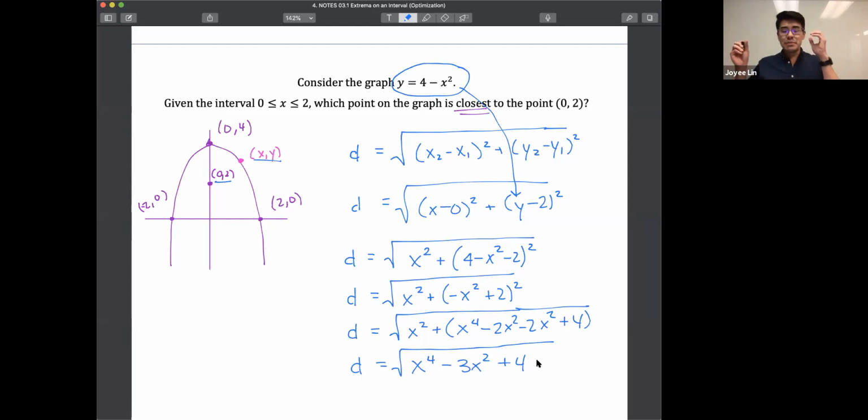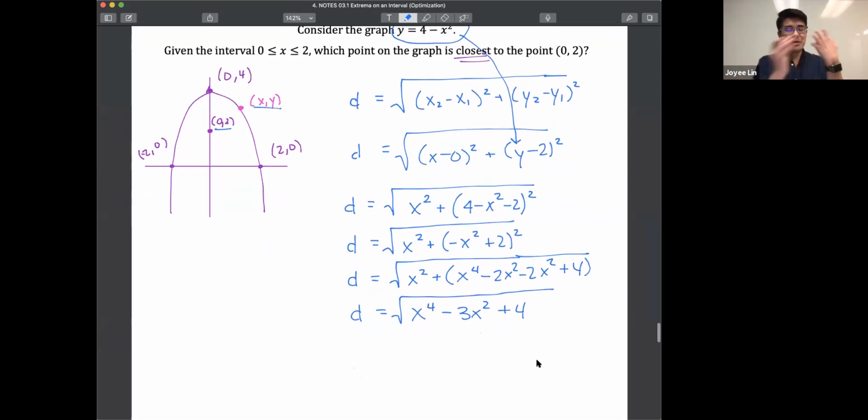So this is where people get really, really stuck, because they're like, okay, now I need to take the first derivative and set that equal to 0. But then I have this gnarly square root, and I'm going to have to do chain rule, and all these things, right?